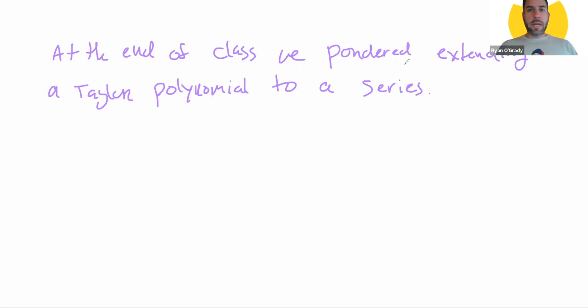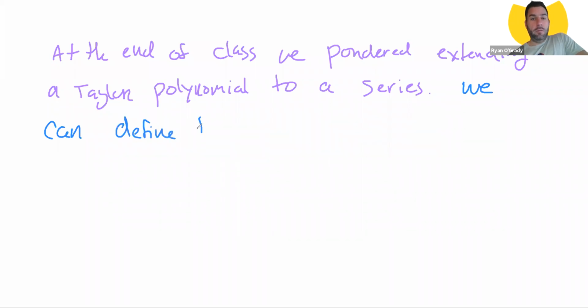And so it turns out we can do that. So let's be very careful with how we think about this. So we can define this. Let me not say but, because that's putting the cart before the horse.